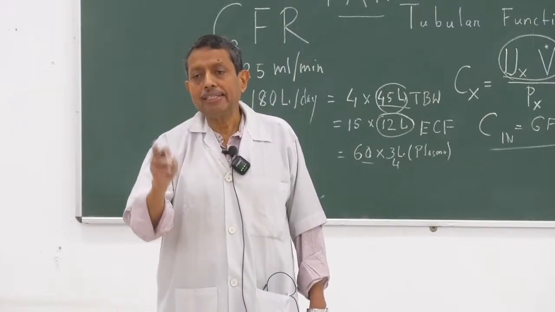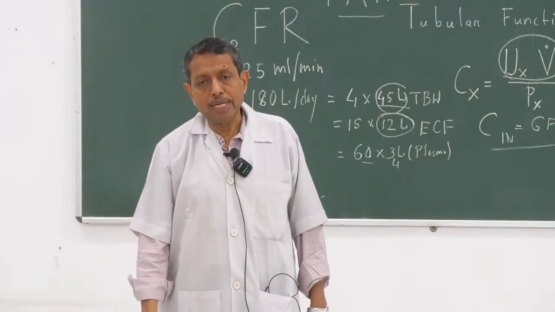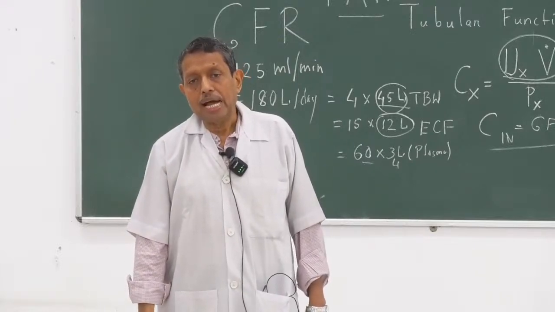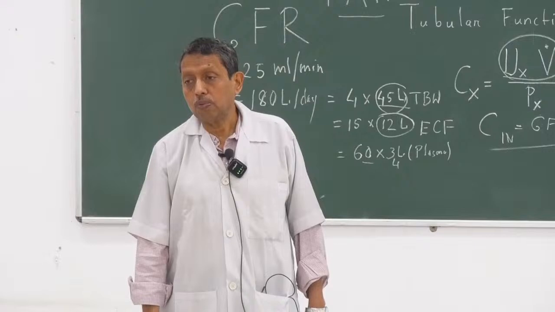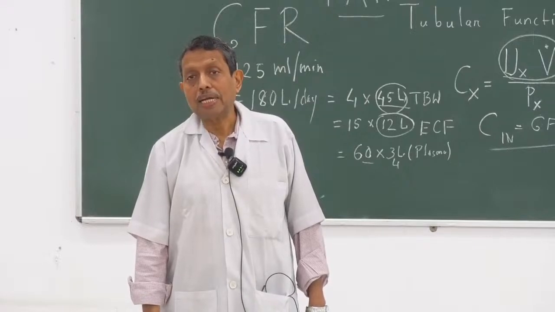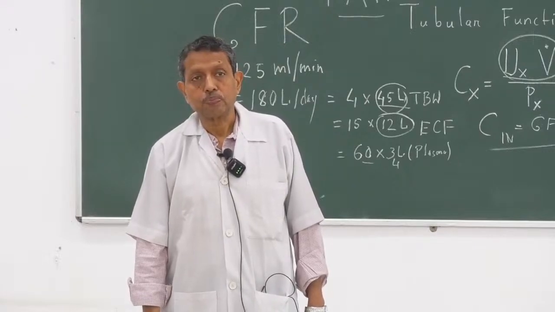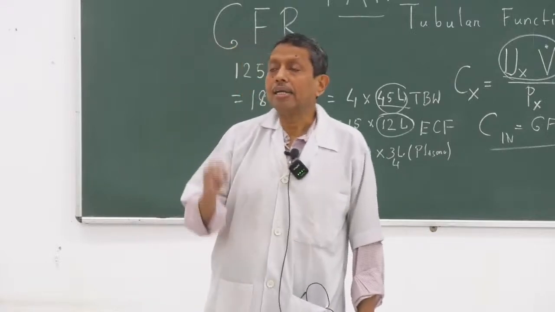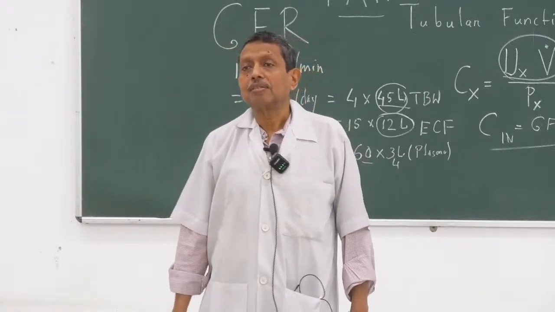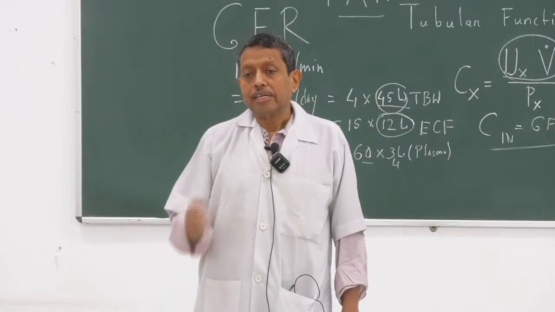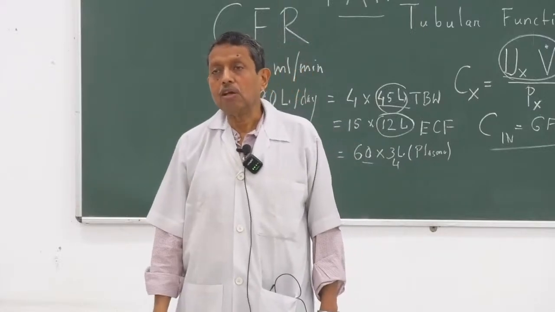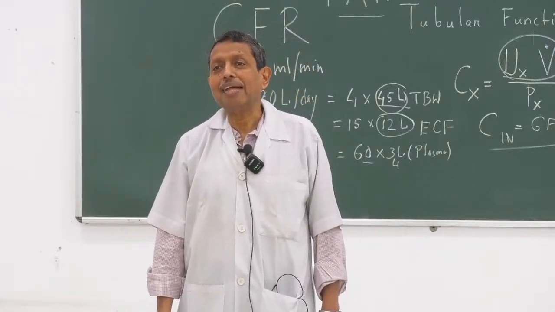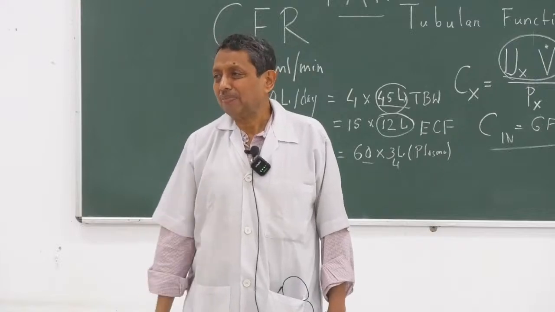So UPAH into V divided by plasma PAH is the clearance of PAH, and it is the effective renal plasma flow. And it was discussed the other day. You have not taken time to recapitulate it.